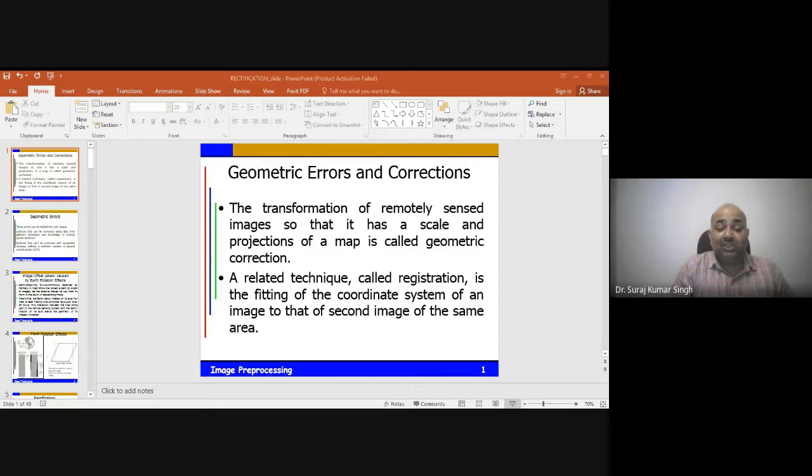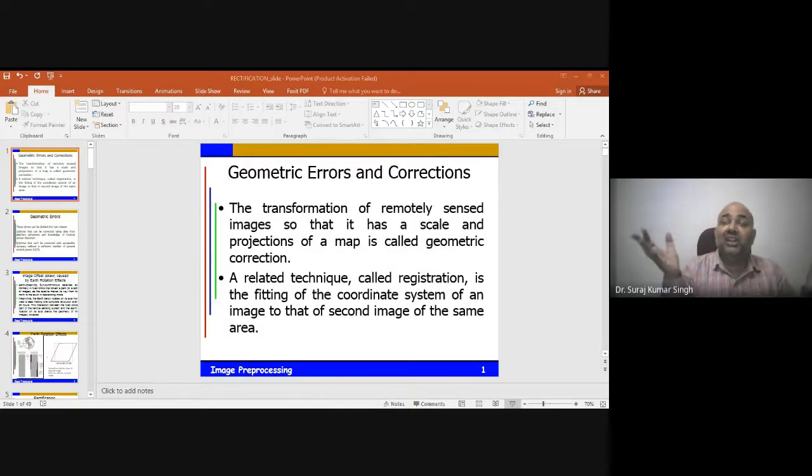This establishes the nature of the geometrical coordinate transformation parameters that are applied to rectify the original image to its proper position in the rectified output image, and involves selecting ground control points and fitting a polynomial equation using the least squares technique.